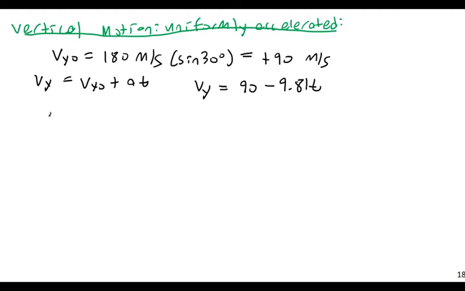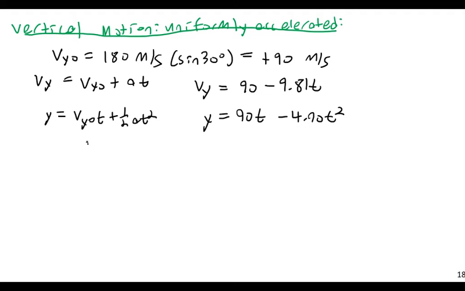And then y is basically the integral of this: Vy naught times t plus 1/2 at squared, and y then is equal to 90t minus 4.90 t squared.